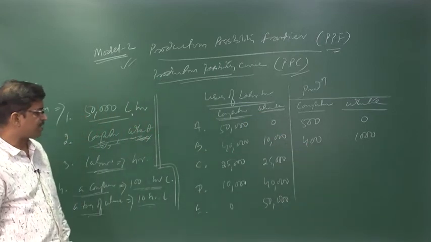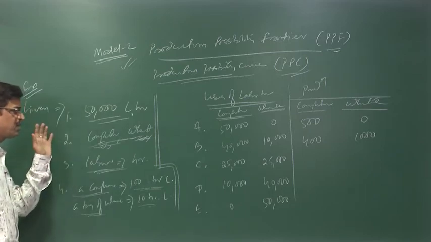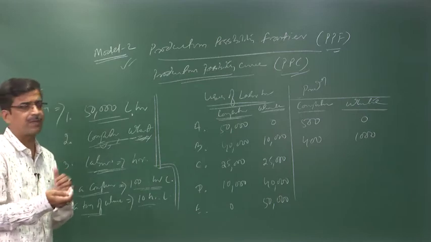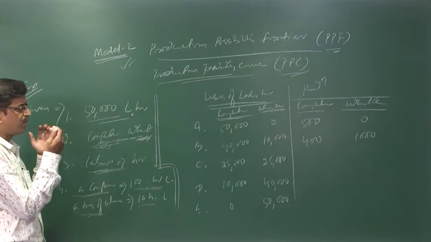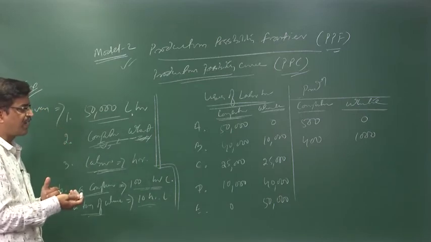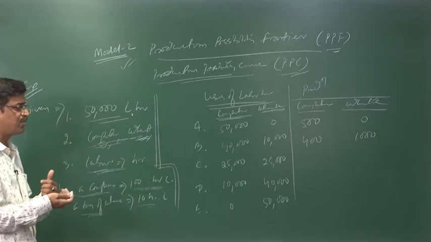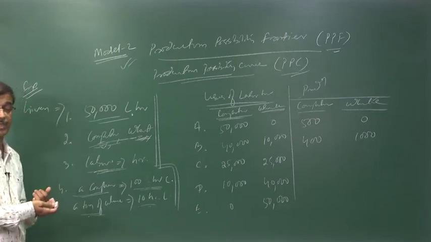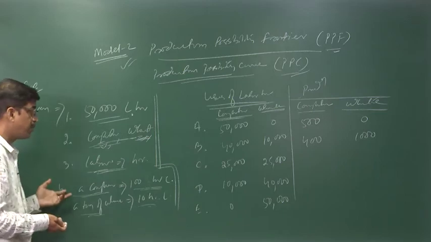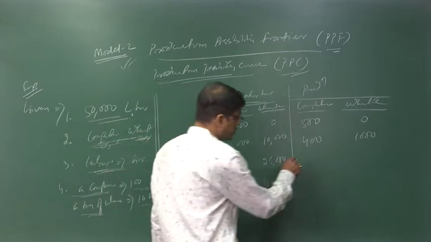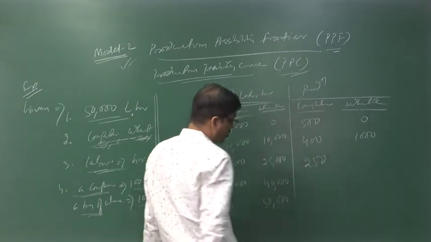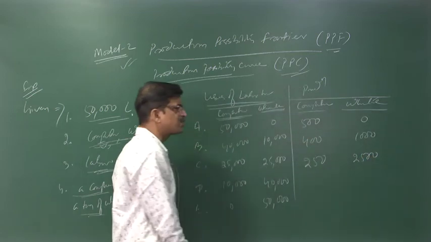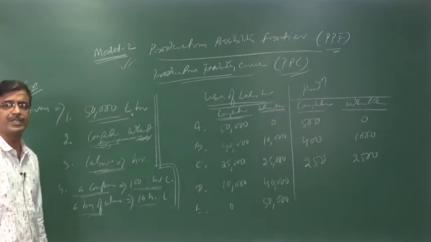In the third combination, we use 25,000 each on the computer set and wheat, reducing the labor hours from the computer, from 40,000 to 25,000 and increasing the wheat labor hours from 10,000 to 25,000. Then the production of computers will be 250 sets and that of wheat will be 2500. Now, the production of wheat increases, and that of computers reduces.